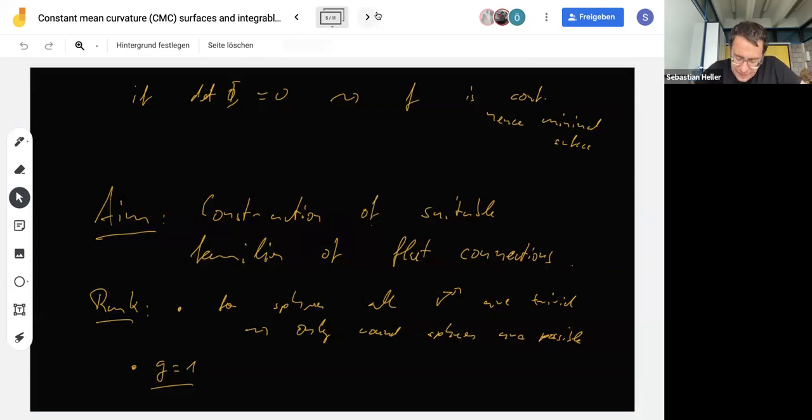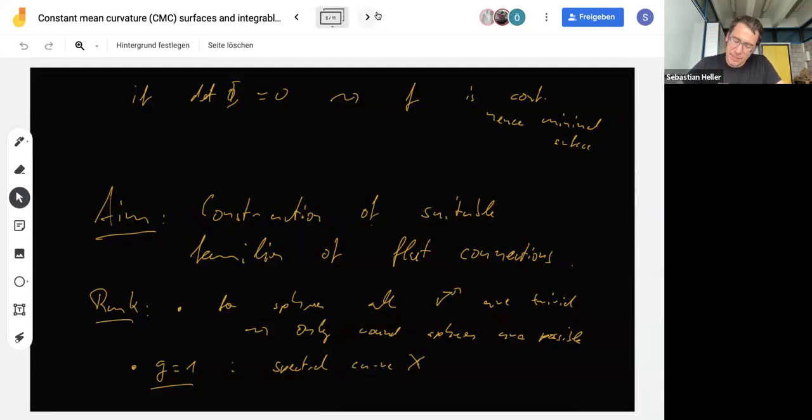So the thing is, there is a so-called spectral curve X, which is a Riemann surface, or more specifically, it's an algebraic curve. It has possible singularities, but usually they do not occur.